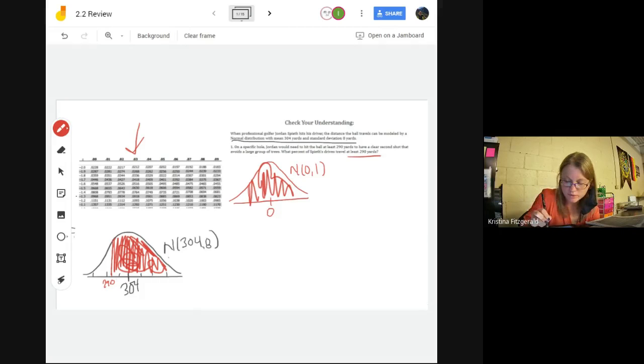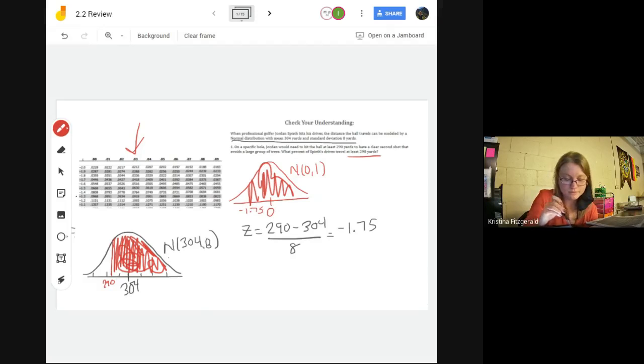So z equals 290 minus 304, data minus mean, divided by the standard deviation, and that gives me negative 1.75 for my z-score. So that's where I am on my picture, at negative 1.75.